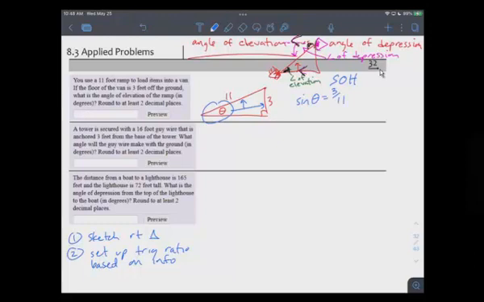Once you set up your trig ratio, then you can solve for the missing angle. The way that you solve for the angle is you use the inverse trig ratio. So if we know that the sine of theta is equal to 3 over 11, we can find theta, the angle, by evaluating which angle has 3 over 11 as its sine ratio. We are going to use a calculator on these.